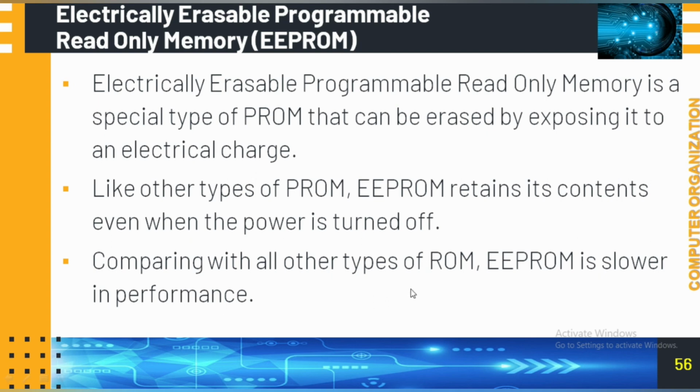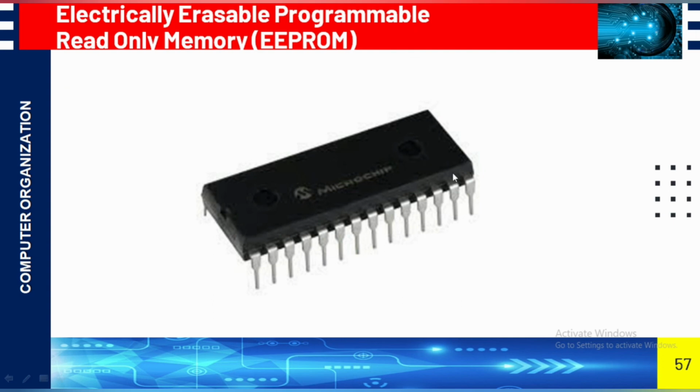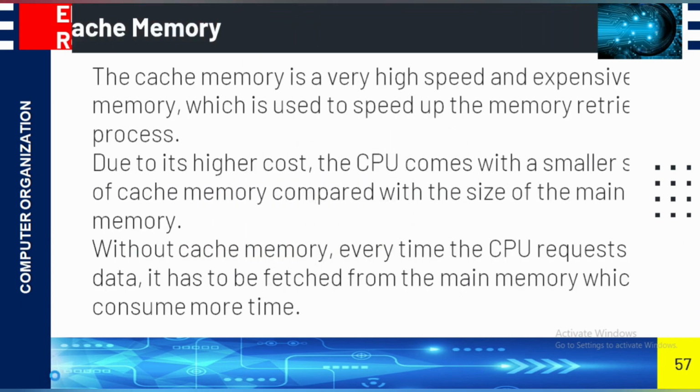Compared with all other types of ROM, EEPROM is slower in performance. Okay, the performance is very slow for EEPROM. Now you can see the EEPROM chip. That is used in microprocessor computers.